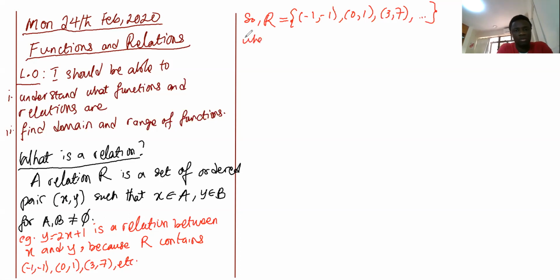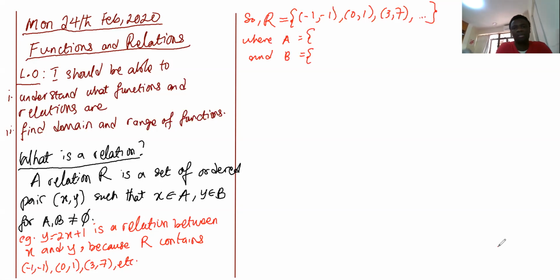Somebody tell me the elements in A and the elements in B in this example. What's the element in A? Yes, I need you to say something even if you don't understand, so I know what is missing. So Clarissa says -1, 0, 3.